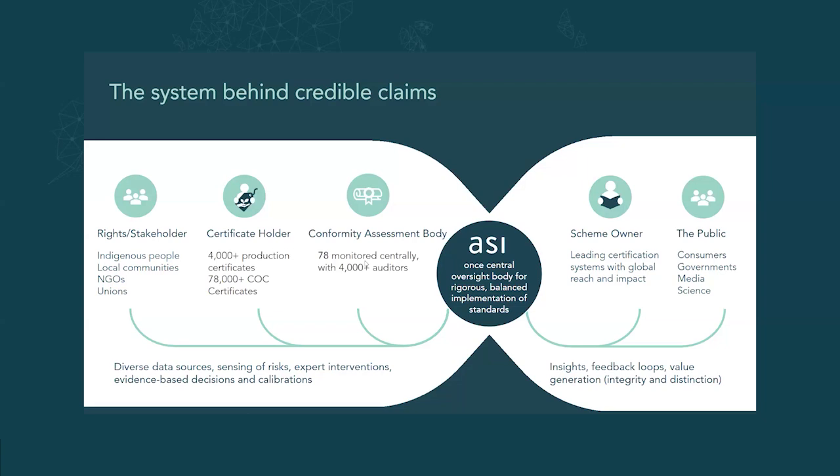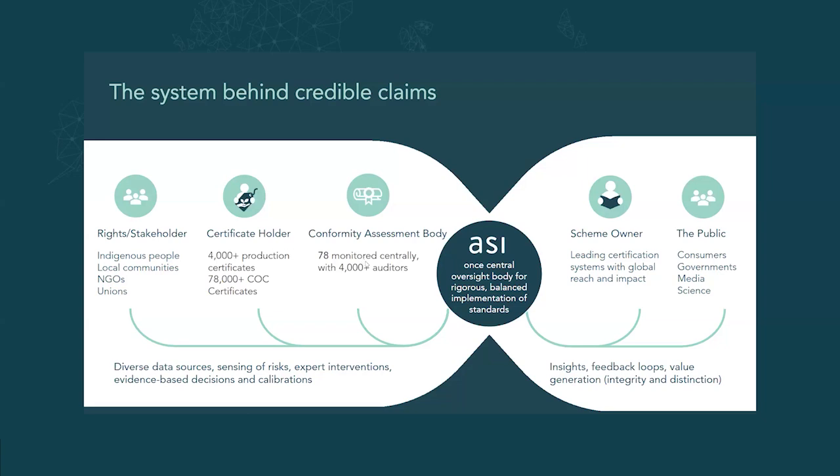ASI has, as I said, a direct oversight of the CABs, but we do not take any certification decisions. So our link to certificate holders is indirect. We do not raise findings against certificate holders or take any certification decisions. This is really the responsibility of the CABs.